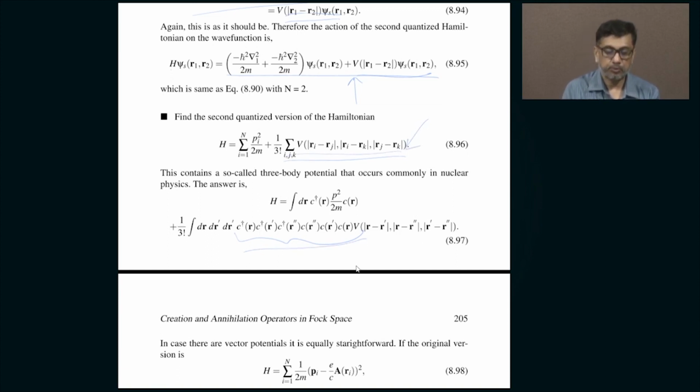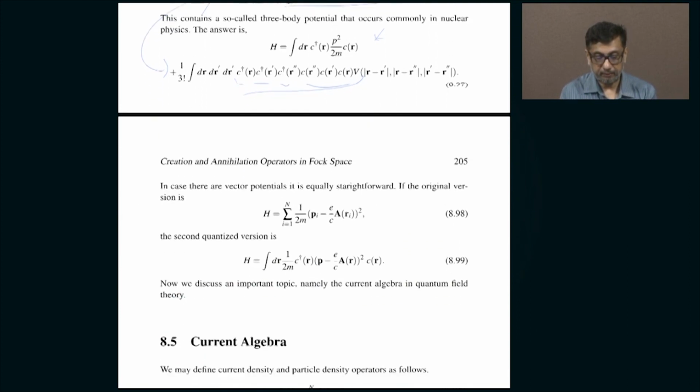Think of this as homework: show that H acting on psi gives you precisely the same result. These two are mathematically the same, they are the same operators. When they act on a system with a fixed number of particles, this way of writing H gives you the same result, and this way of writing H also gives the same as the earlier one.